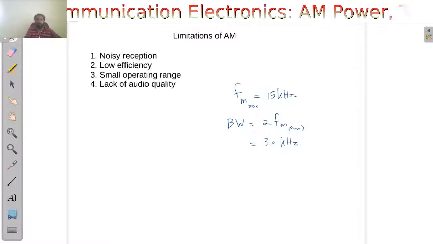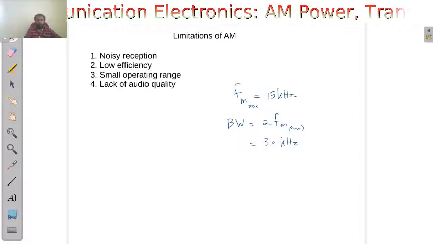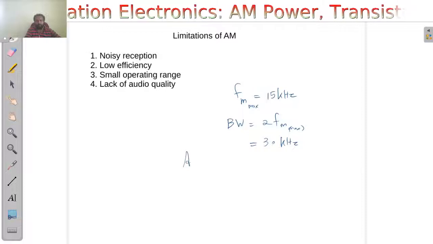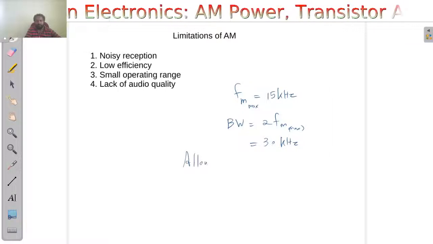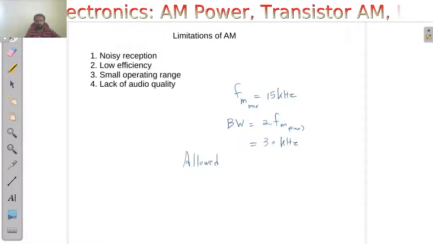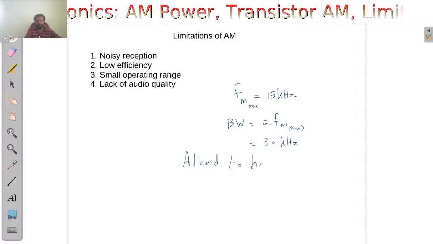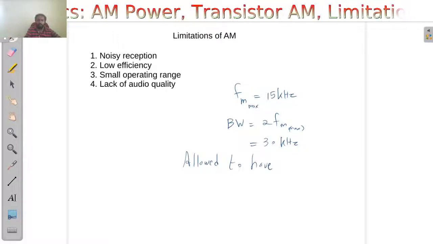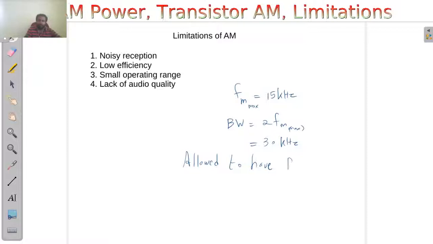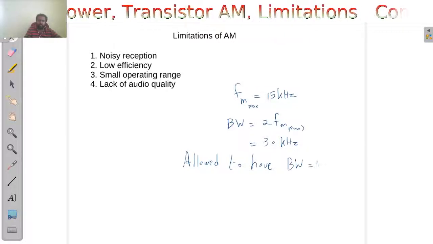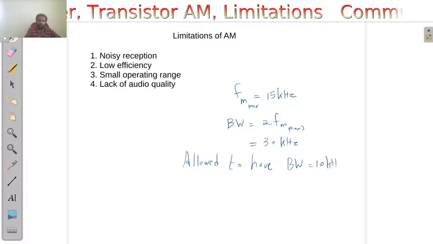But unfortunately, we are allowed to transmit just a bandwidth of 10 kilohertz.